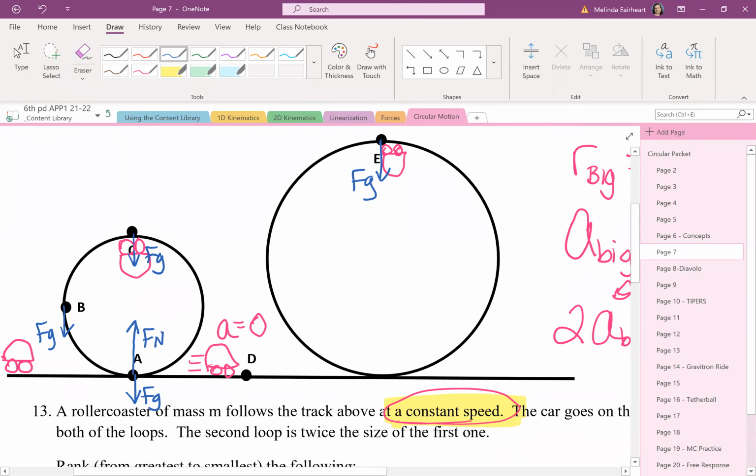Right, to have centripetal force, to have circular motion, your center-seeking force has to be bigger than center-opposing. And so FN has to be bigger than the weight at A. Now circle around, I guess technically C would come next, right? What direction would the normal force be at the top of the loop?